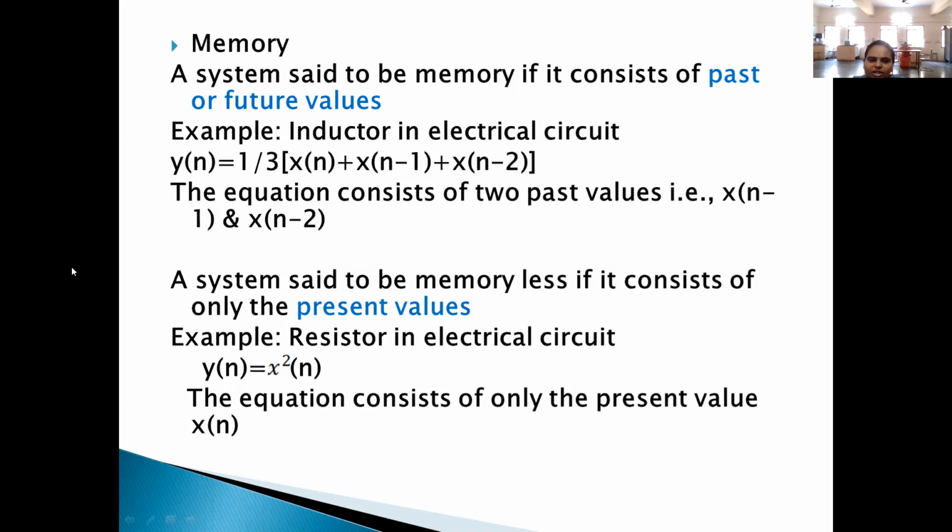That's why a resistor is a memoryless component. When a system is memoryless, it consists of only the present value. When it has memory, it has past and also future values. This is how we go for the memory.